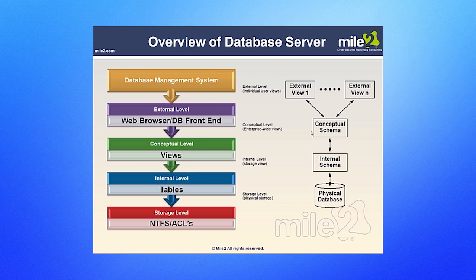We could be looking at views, which can be programmed to spell out what type of information you wish the customer to see. We could have tables, and the tables essentially make up the database. You could have multiple tables. Maybe it's a table of your product numbers, and another one of your customers, and maybe you link all that together. And of course, storage level.